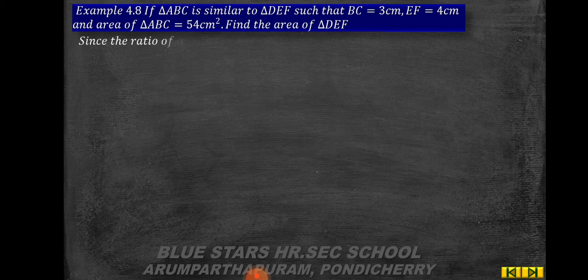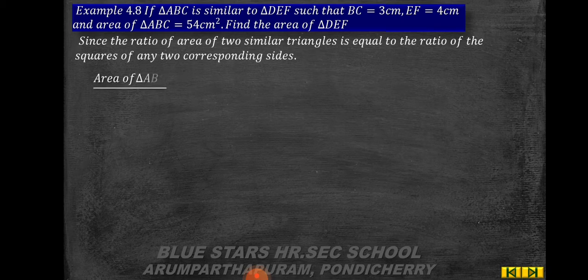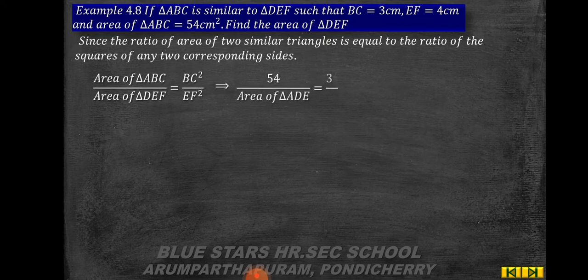Since the ratio of the areas of two similar triangles is equal to the ratio of the squares of any two corresponding sides, we saw this result before. Then area of triangle ABC by area of triangle DEF is equal to BC square by EF square, which implies 54 by area of triangle DEF is equal to 3 square by 4 square.